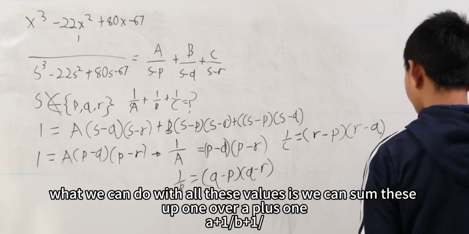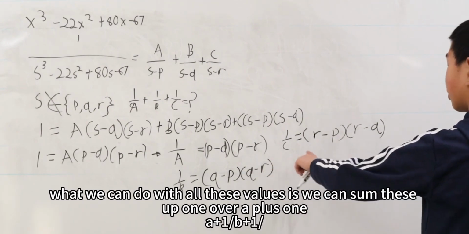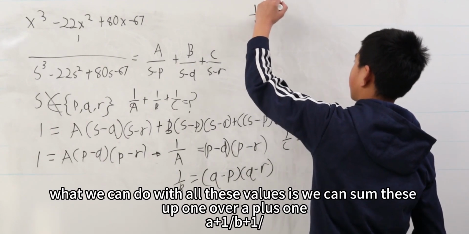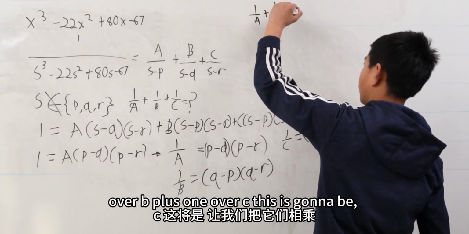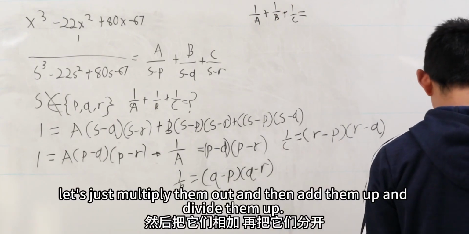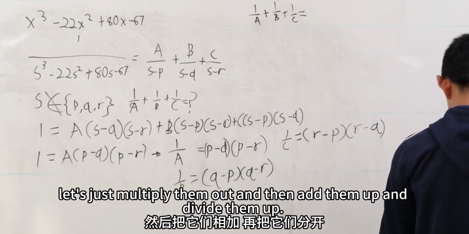Now, what we can do with all these values is sum them up: 1 over a plus 1 over b plus 1 over c. Let's multiply them out and then add them up.